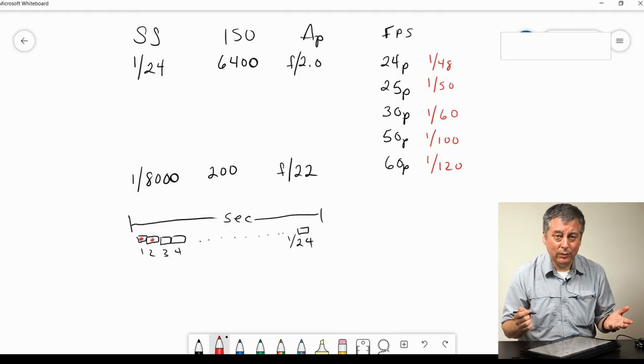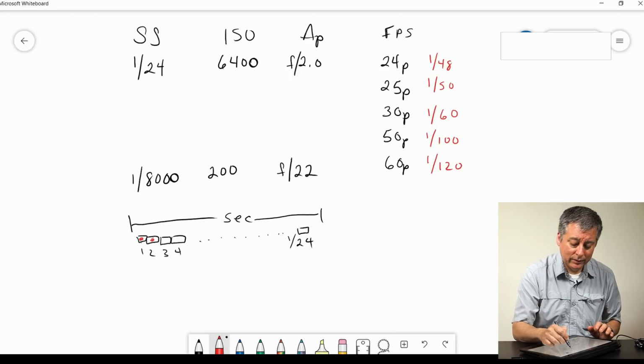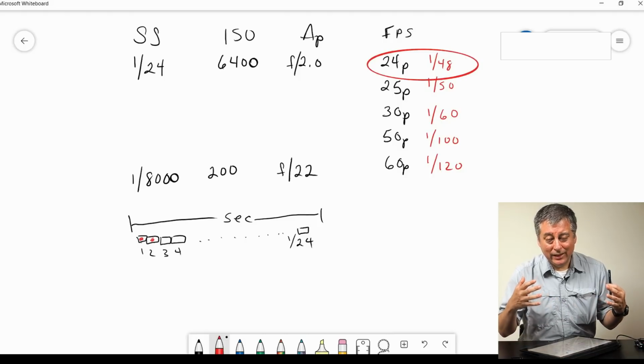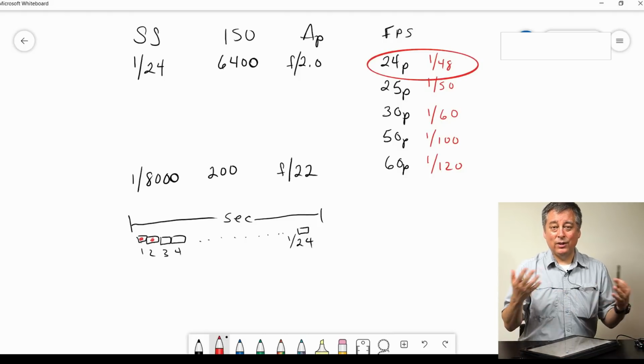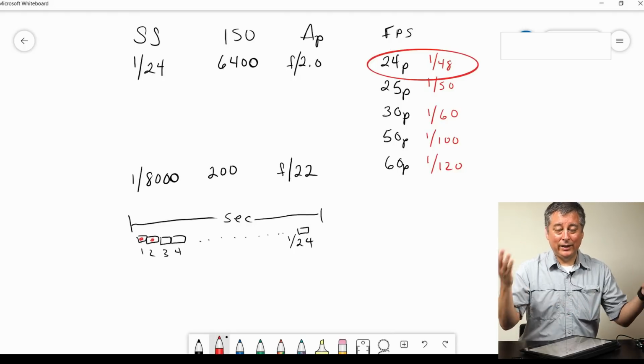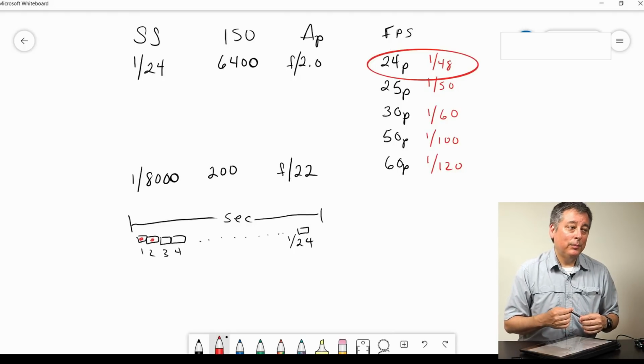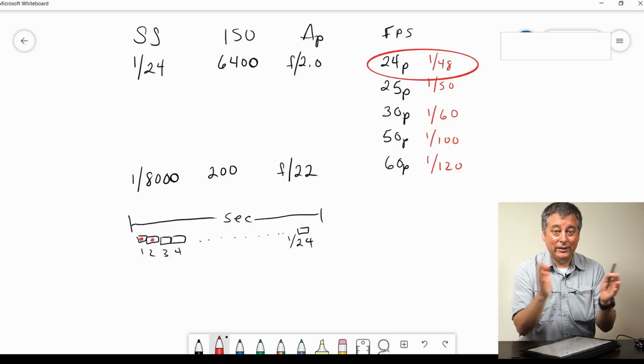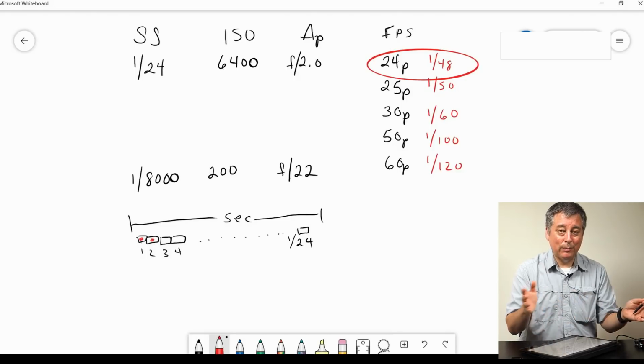And the most popular one by far is the 24p. It's not that big a deal to me. I shoot at 30p all the time, and honestly, I can't tell any difference. But for cinematographers, if you remember when the Canon RP came out, there was a big hoopla about how it didn't have 24p, and everybody made a big deal out of it.